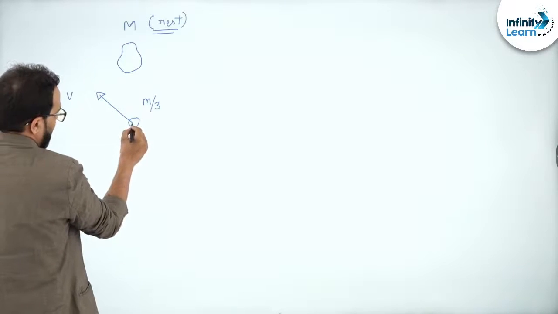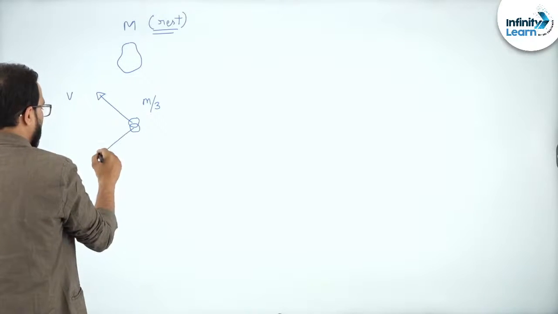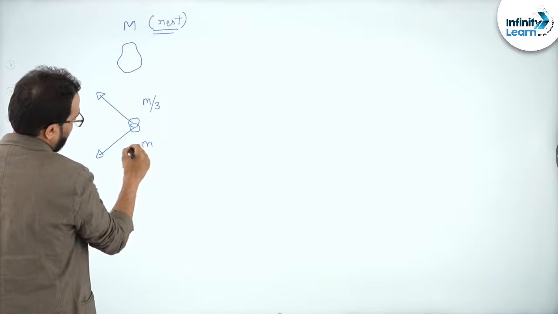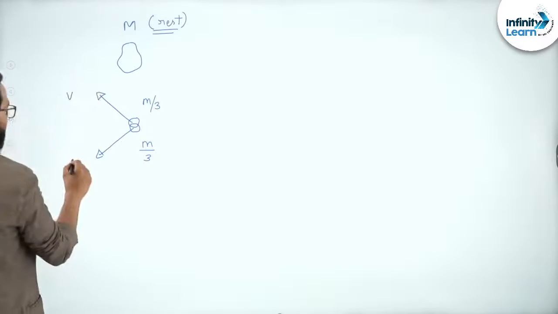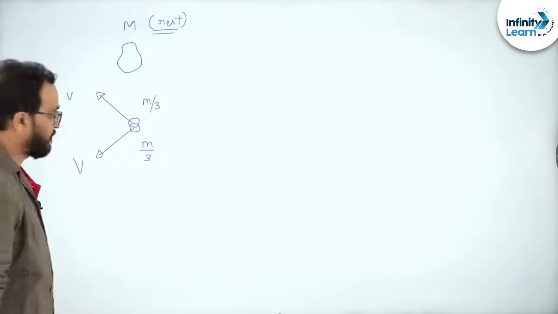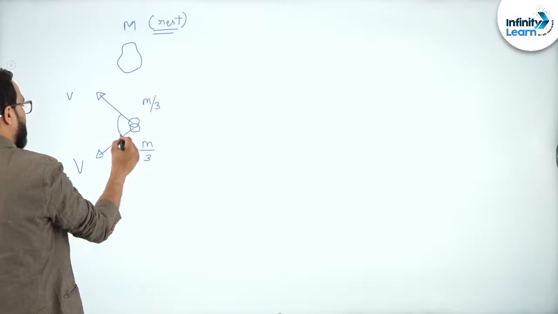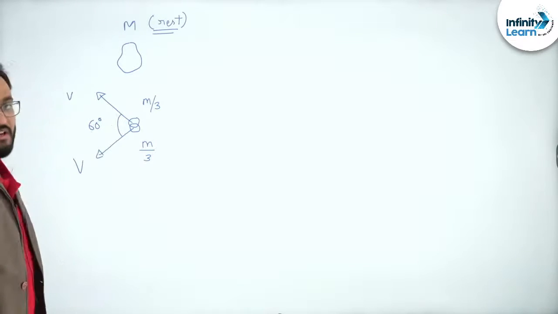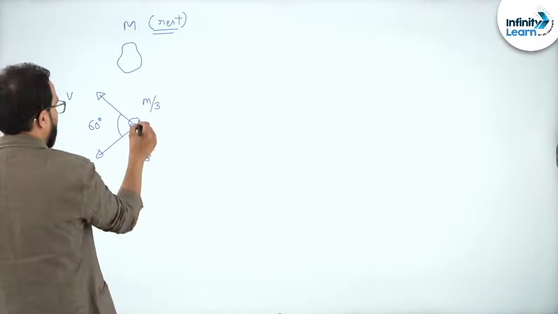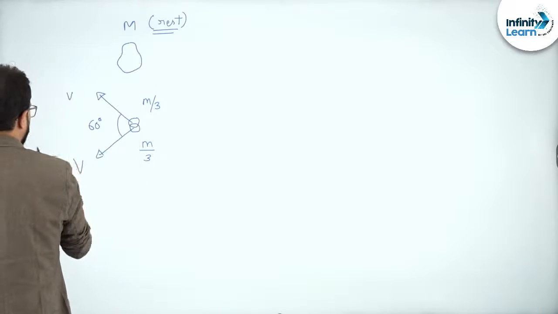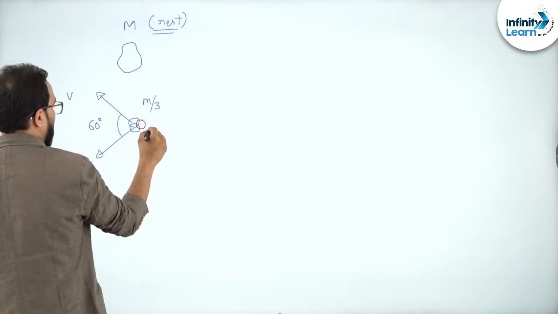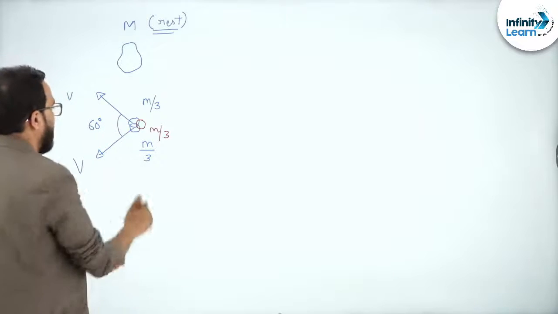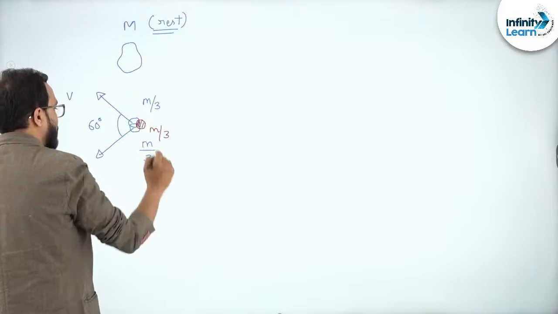Another part whose mass is also m by 3 falls off in this direction, and this angle is 60 degrees. Now, another part is remaining, another m by 3. So, what will be the velocity of this particular fraction of the bomb?